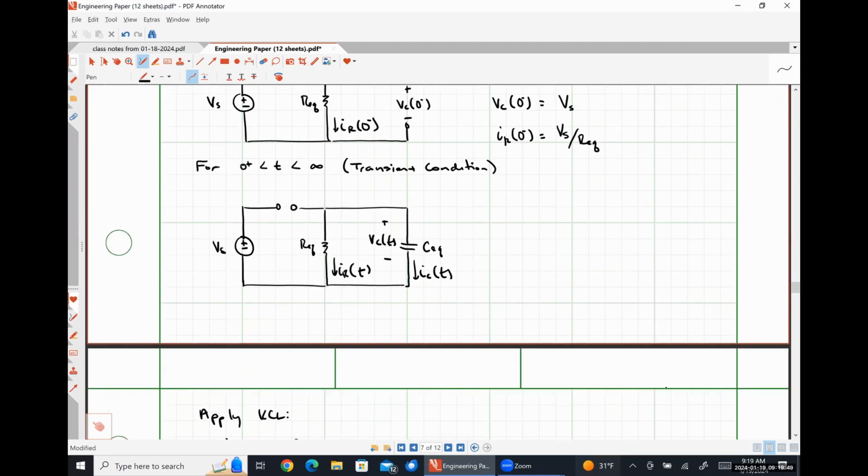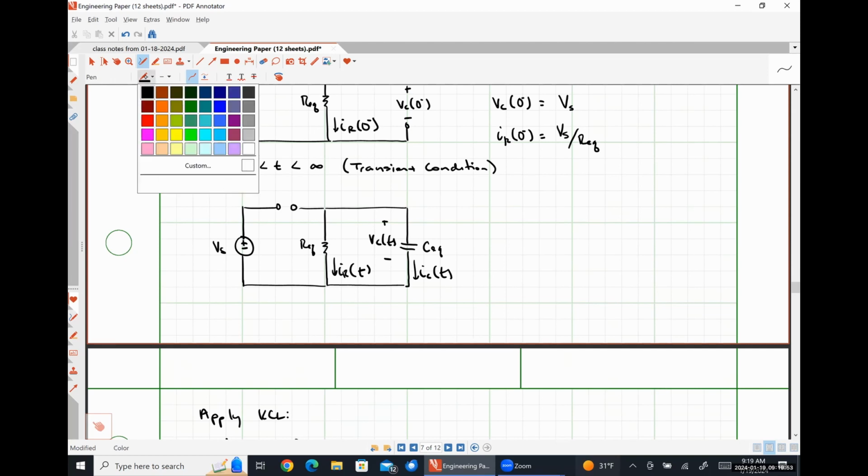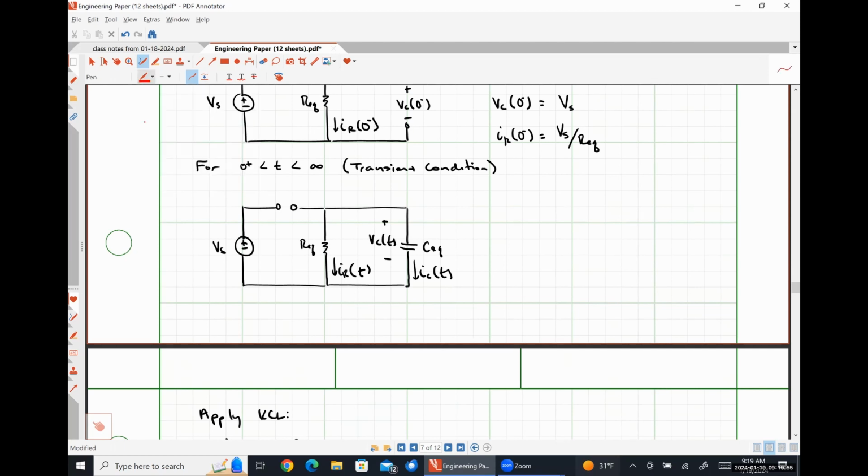Circling back around to this diagram, it should be fairly obvious that IR of t is just VC divided by REQ.